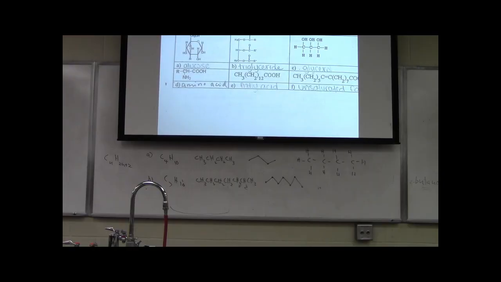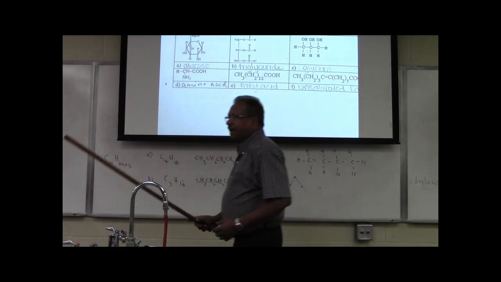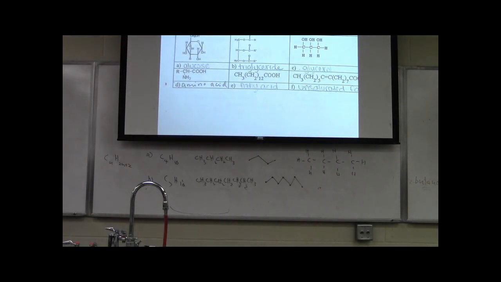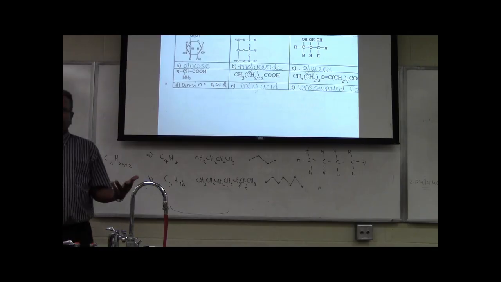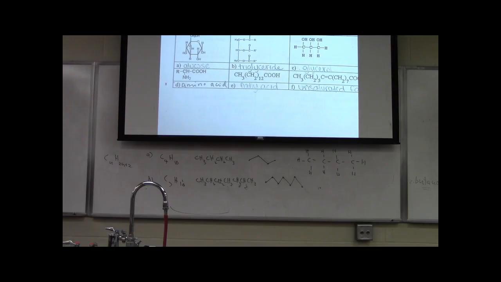Which one is good? Unsaturated. The triglyceride with unsaturated fatty acids doesn't deposit in your blood vessels, right? So therefore they're good fats. All right. So we're done with this, okay?